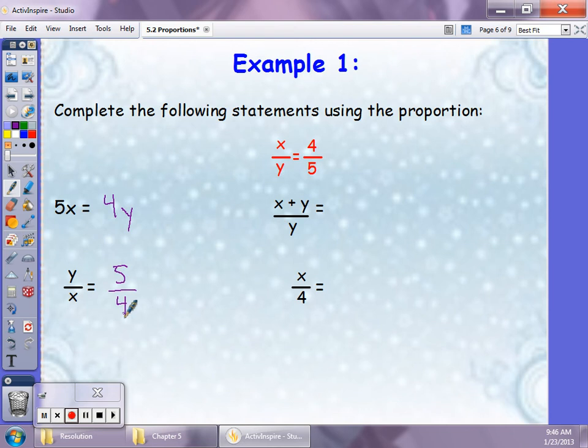If we have x plus y over y, we can set that equal to 4 plus 5 over 5, and 4 plus 5 would give us 9 over 5. And lastly, if we take x over 4, we can also say that that is going to be equal to y over 5.